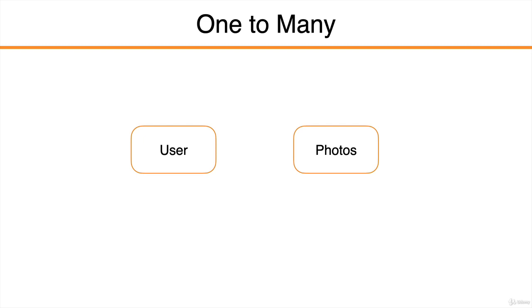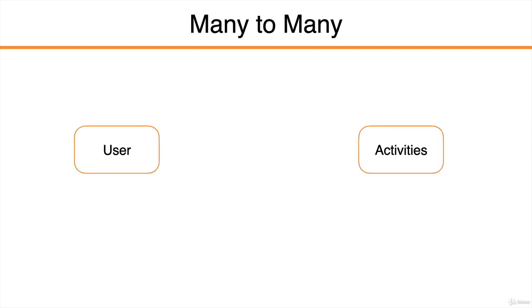Not in this section, but in an upcoming section, we're going to add the ability for the user to add photos, and each user could have many photos. That would be an example of a one-to-many relationship. And there's also a many-to-many relationship: our user can attend many activities, and our activities can have many attendees, which are going to be our users.